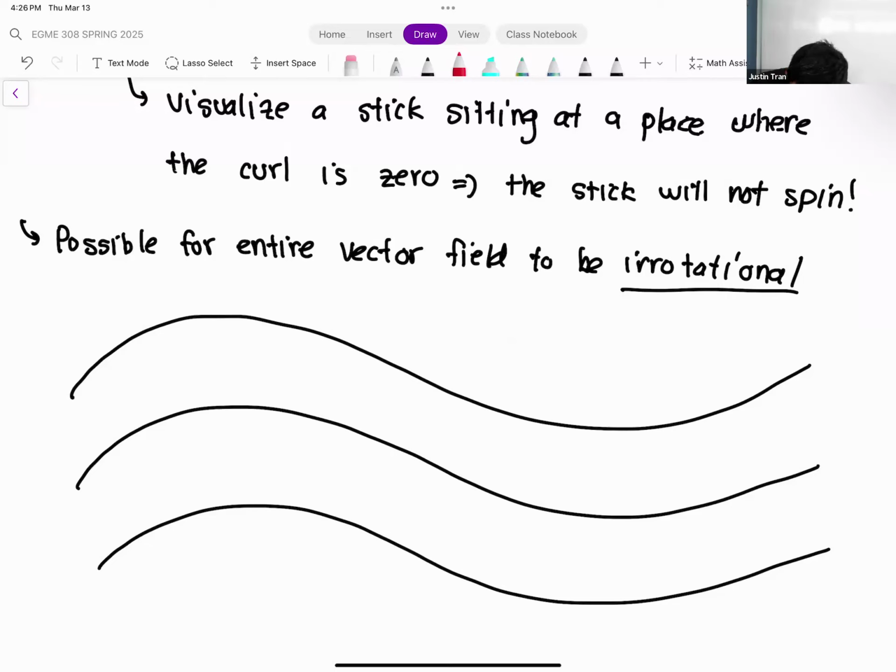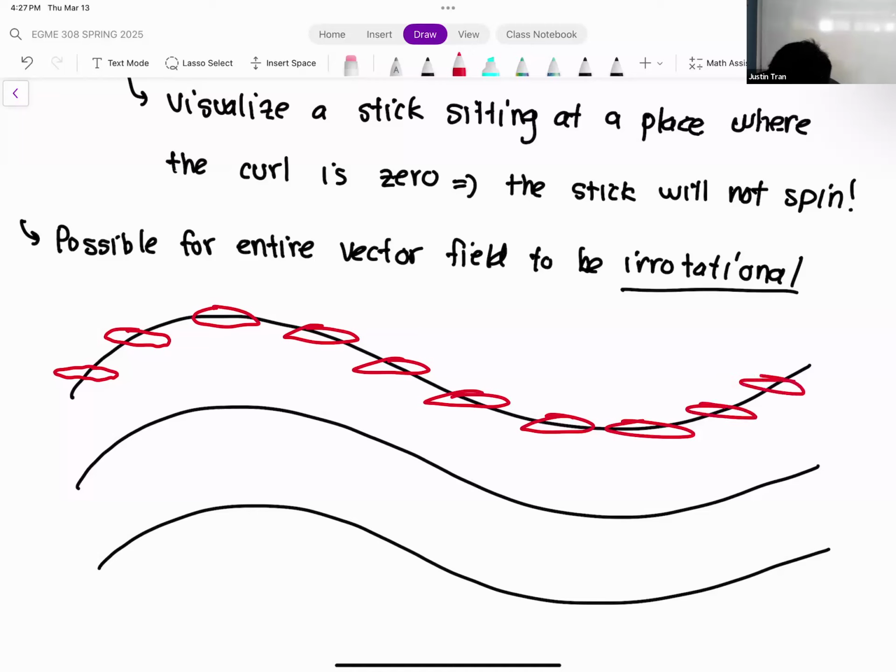We start the object right here, and it has this orientation just like that. As it translates along the vector field, that orientation is not going to change. It's going to stay the same. So orientation does not change for an irrotational vector field.